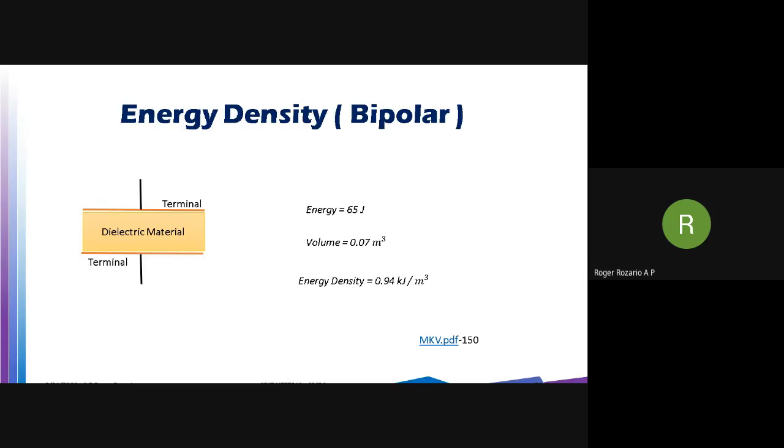Theoretically, we saw when we are using polyester, the energy storage was in megajoules. In case of practical manufacturing of capacitors, the energy density is almost 1 kilojoule only, per meter cube. Let me show you a capacitor data sheet, then you can easily understand.